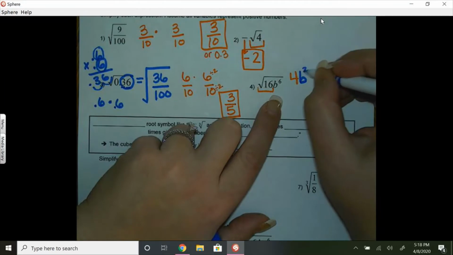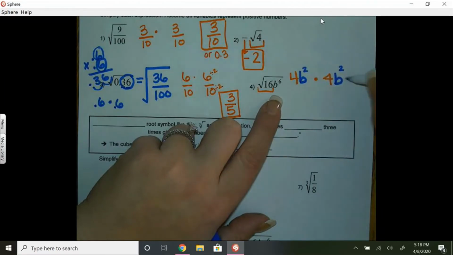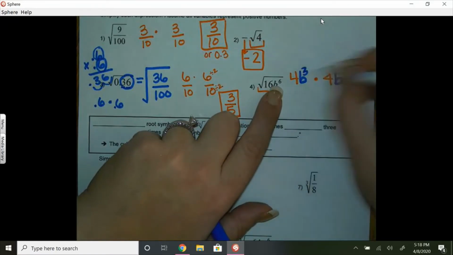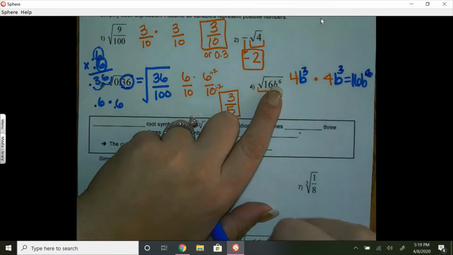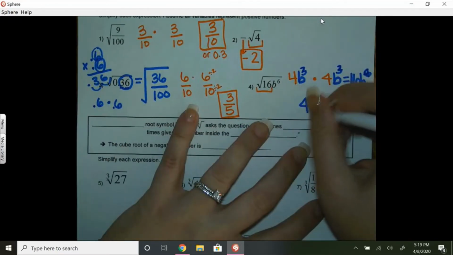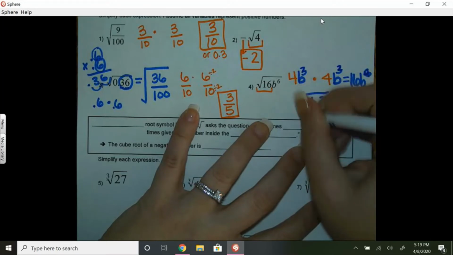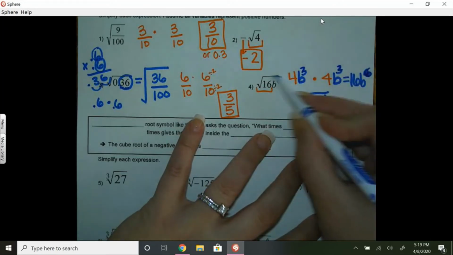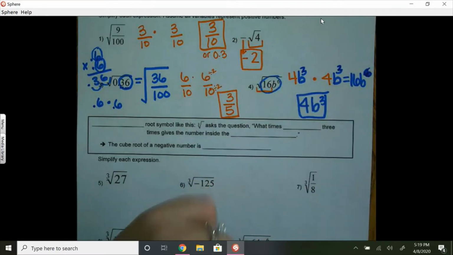If I put a 2 here and a 2 here, that would equal 16b to the 4th. I need a 6. So if they were both 3, then it would work. So the answer is 4b cubed, because 4b cubed times 4b cubed would get us the value on the inside.